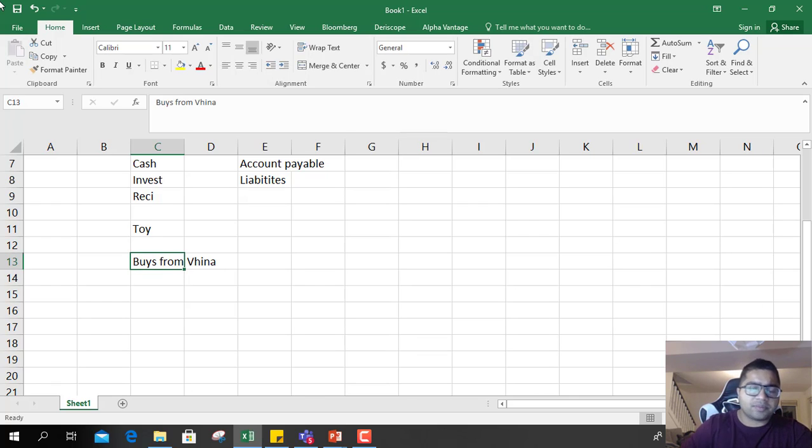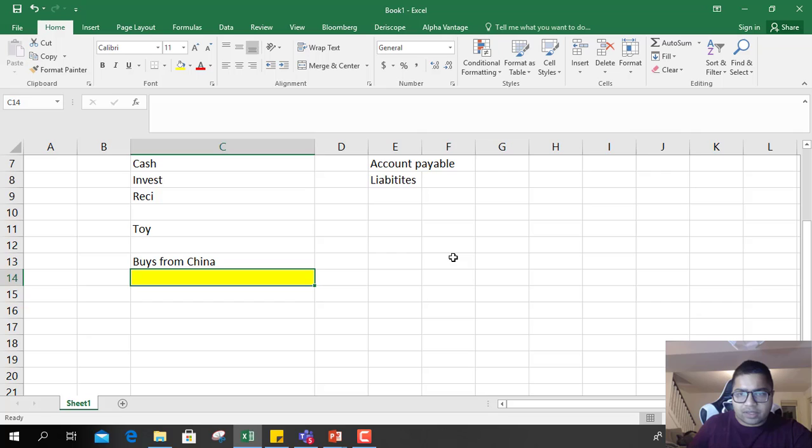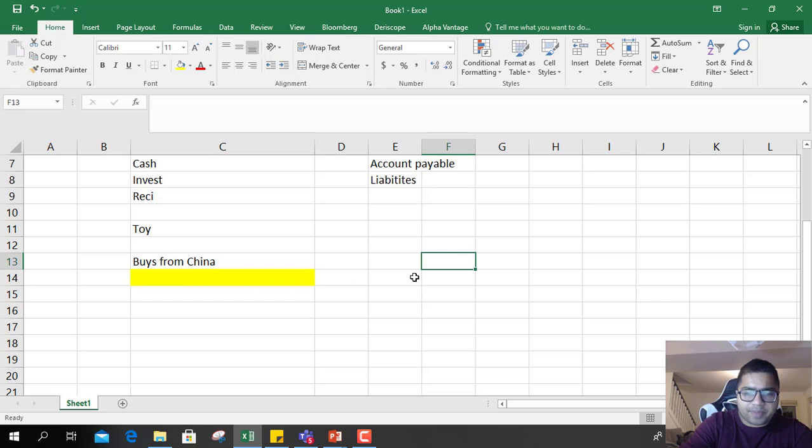Okay, it buys toys from China at this point. Then this is where it pays for those toys. Let's say it is after 15 days. So they extend the credit period for 15 days.